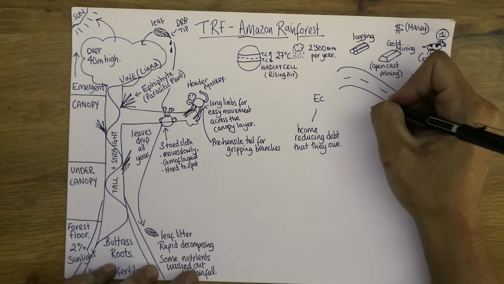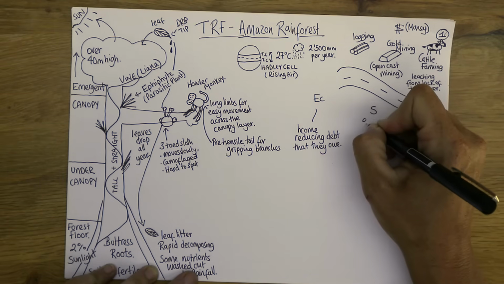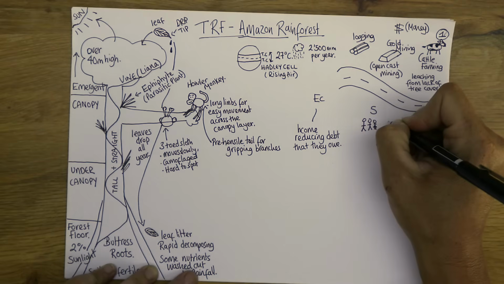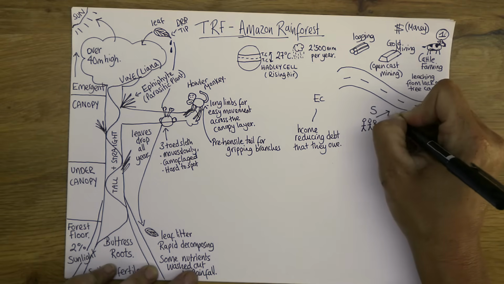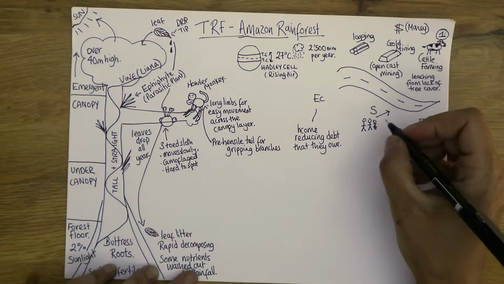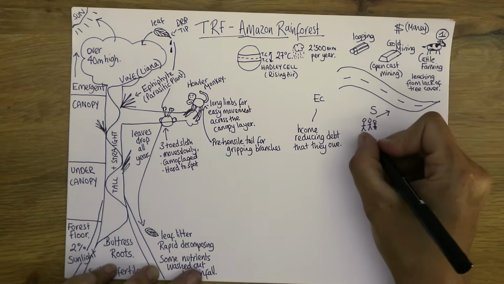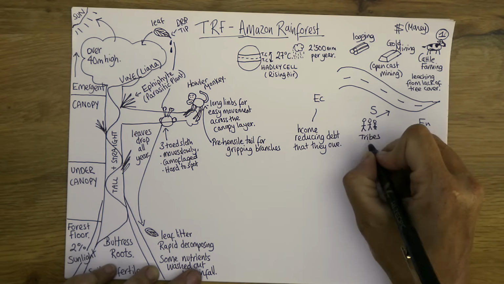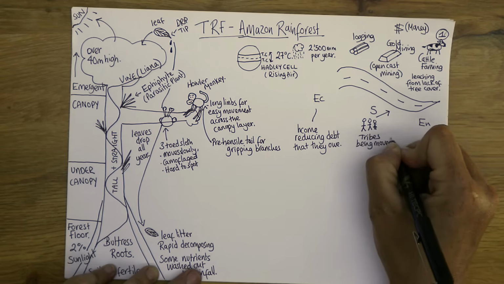Okay, and then for social, it's obviously all about people. So just draw some stick people quickly. Often in the process of this, people get moved, and it's often tribes who might have lived there for a long time. So we've got native people being moved out of where they live.